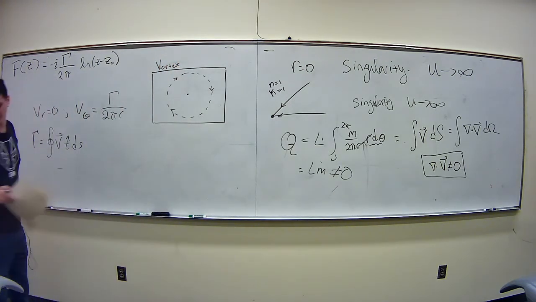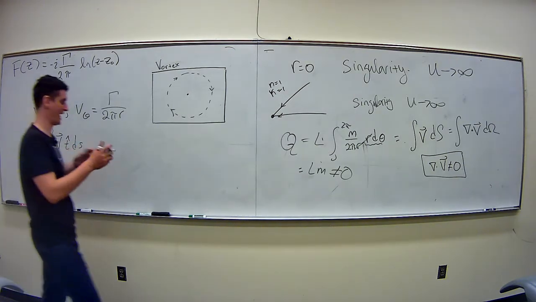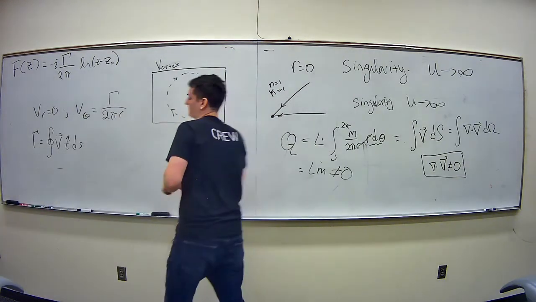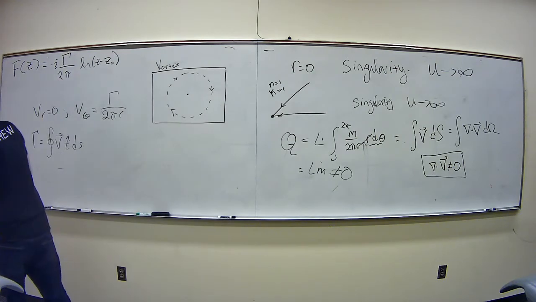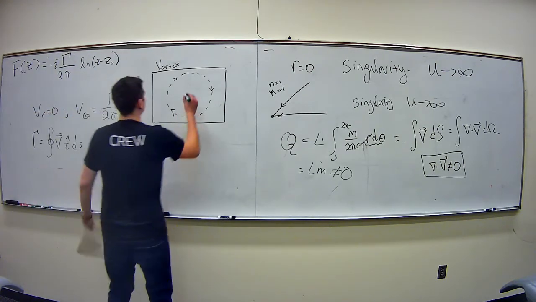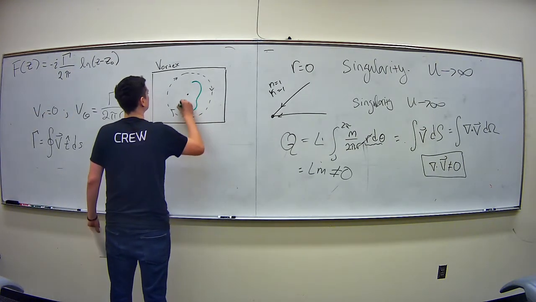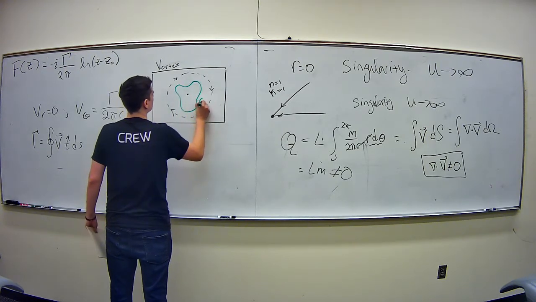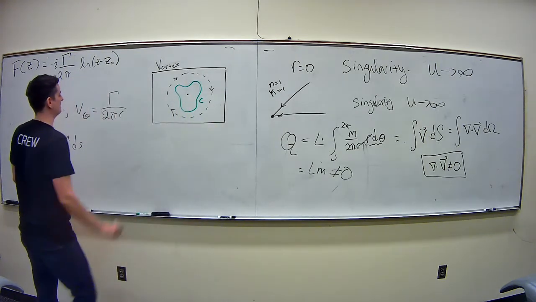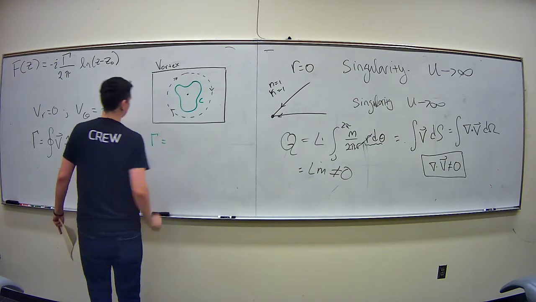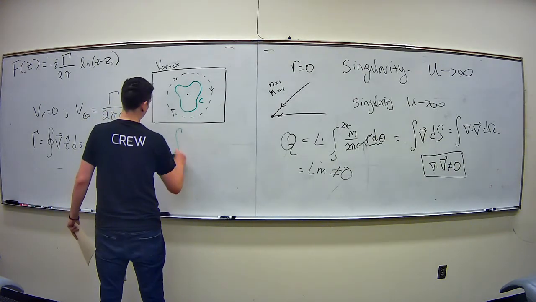This statement of gamma is actually independent of how I drew my path. There's a big thing, I think it's next lecture, where if I draw any path, let's call it C, then gamma is an independent variable because it didn't matter how I drew my path.